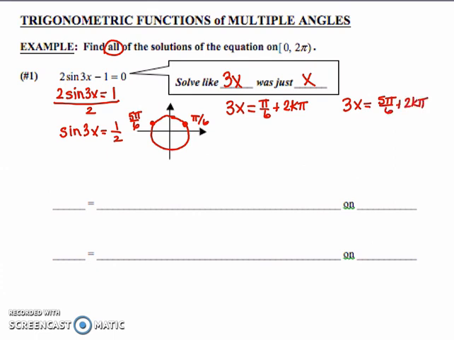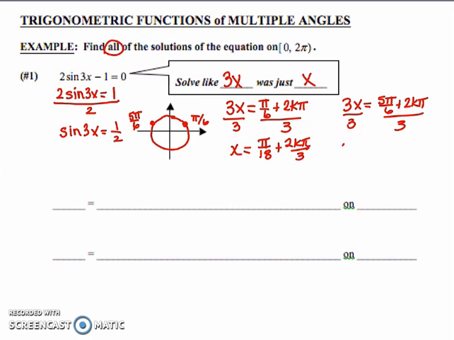But now if we want to know what x equals, because we have a triple angle, we have to divide everything in our solutions by 3. So here's the trick: we divide by 3 to find out what x equals. So x equals pi over 6 divided by 3, which becomes pi over 18, plus 2k pi over 3.